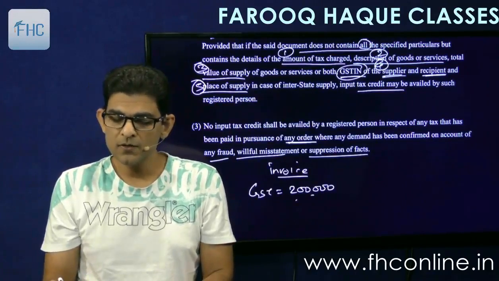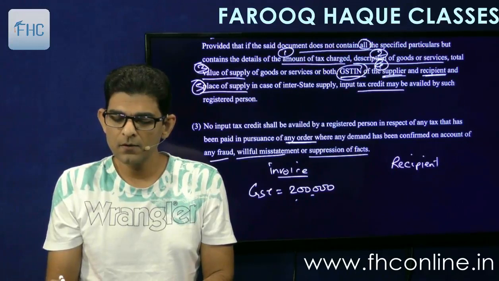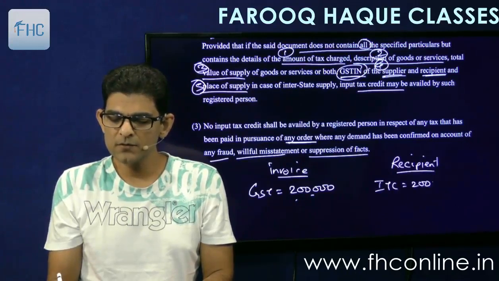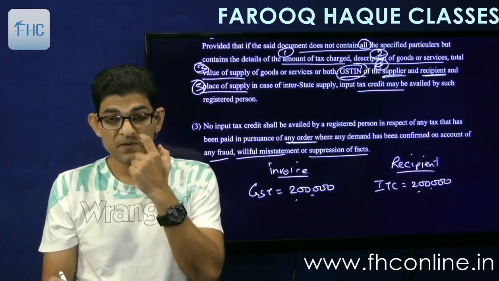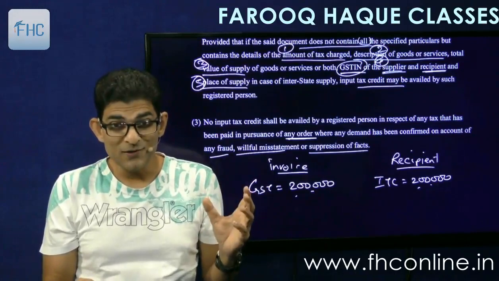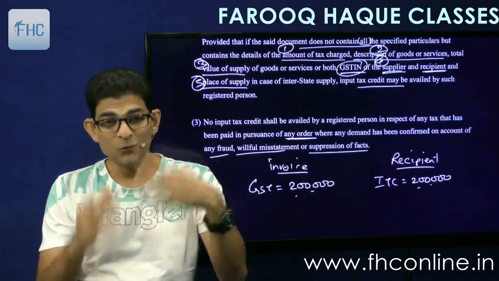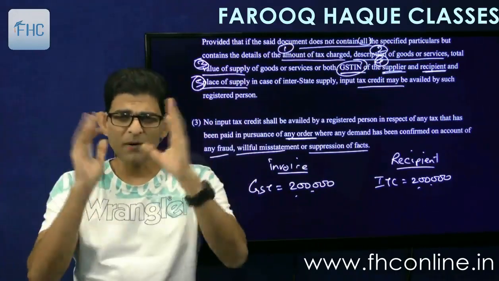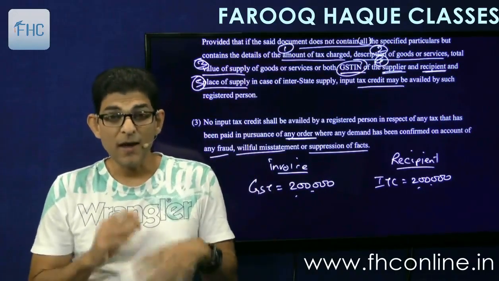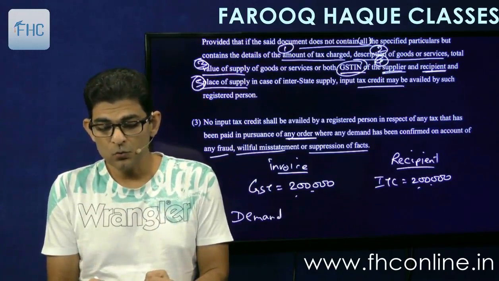So the recipient takes credit, he avails ITC of 2 lakhs. Then later on this person is caught by the department through audit, inquiry or investigation. Somewhere the department comes to know that he has done the fraud, and a demand notice is issued.